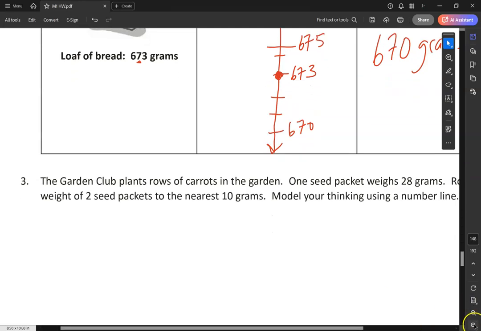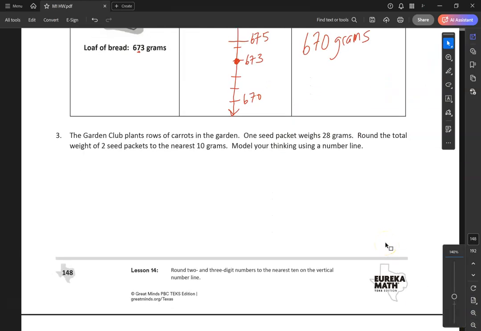Next, we have a word problem. The garden club plants rows of carrots in the garden. One seed packet weighs 28 grams. Round the total weight of 2 seed packets to the nearest 10 grams. Model your thinking using a number line.